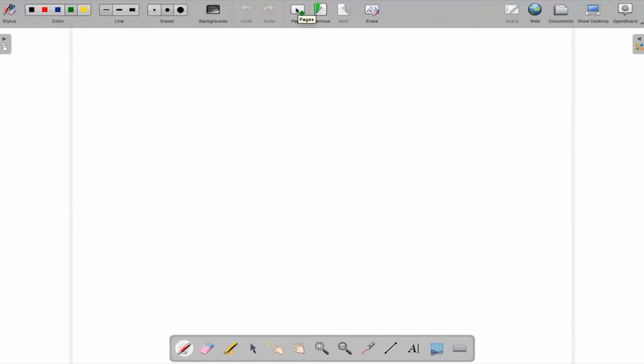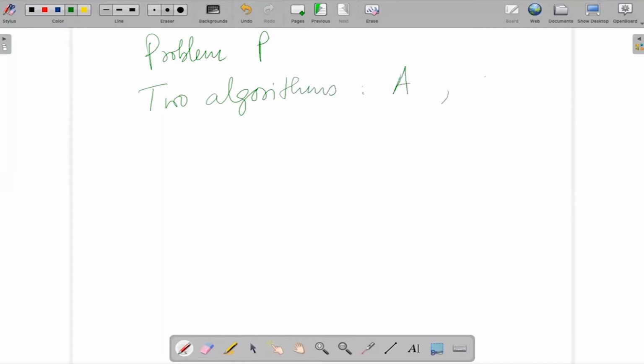Let's say that there is a problem P, and we have two algorithms, one called A and the other called B, to find a solution for the same instance of the problem. Now you are given the running time complexity, which we will call complexity for short all the time.